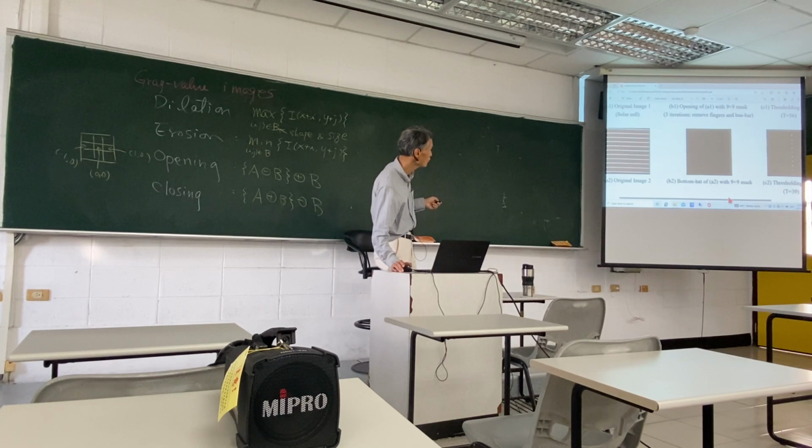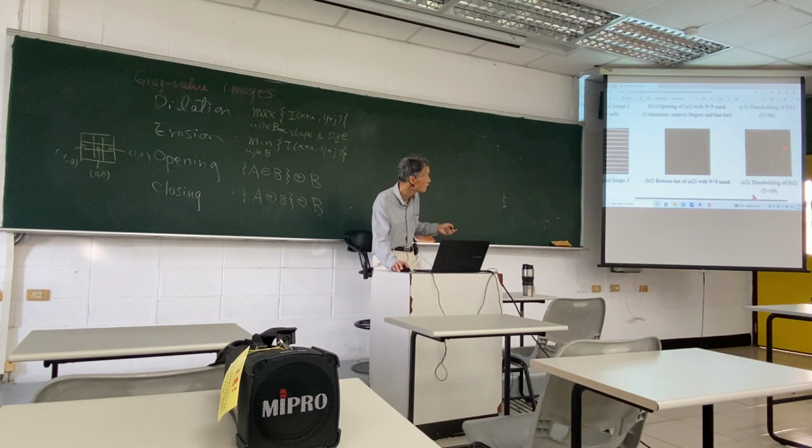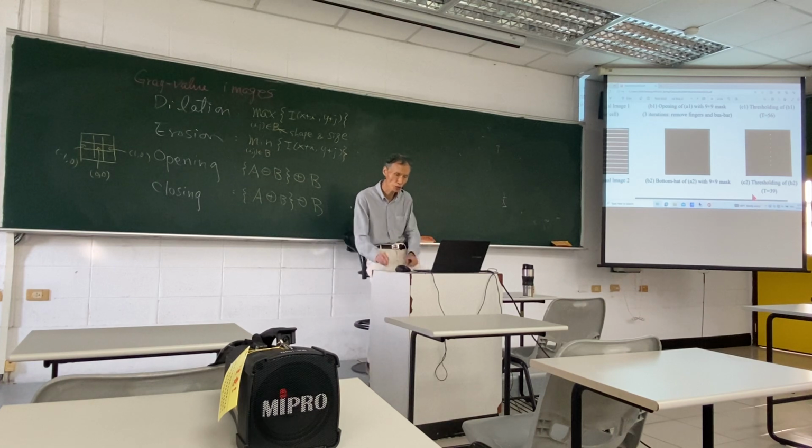As you can see here, all the conductive lines are broken with some scratches. After the bottom hat, you can see the difference is brighter. So that's one of the applications with morphological operations, but you need to do some combination: dilation, erosion, open, close, top hat, bottom hat, etc.